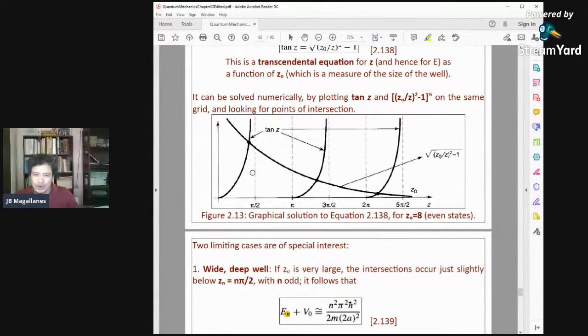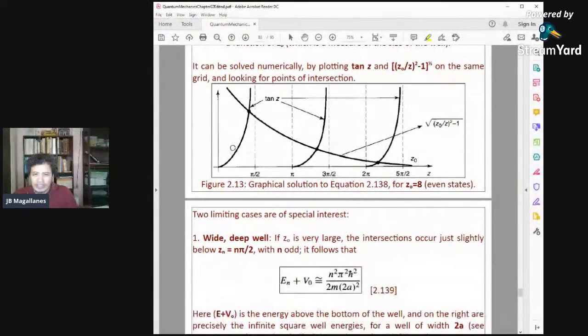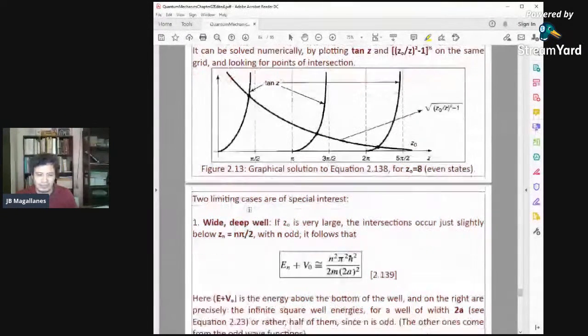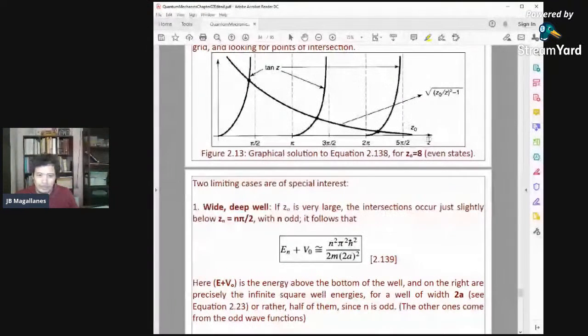So in this case you have 3, and if you go to a wider well, maybe you can have an intersection of 5, or 7, and then 9, for as long as n is an odd integer.